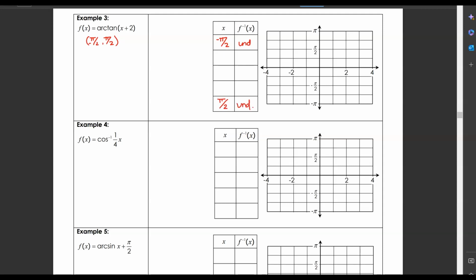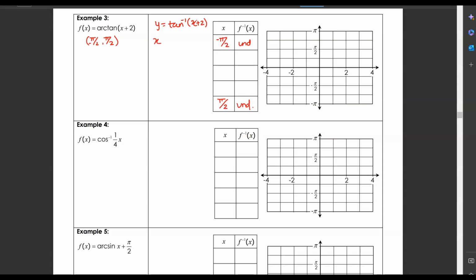All right, so let's first and foremost start off by creating our inverse function. So we're going to have y equals tan inverse of x plus 2. Okay, so I'm going to take the tangent of both sides, so I get tan y equals x plus 2. Actually, sorry, I forgot. You're supposed to swap the x and y first.